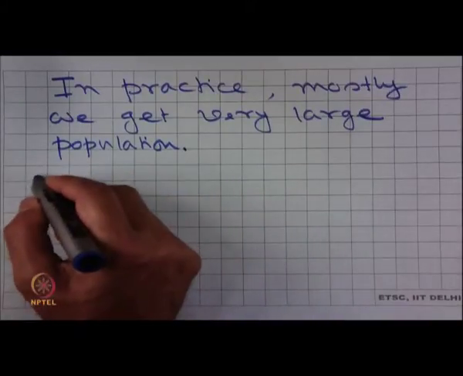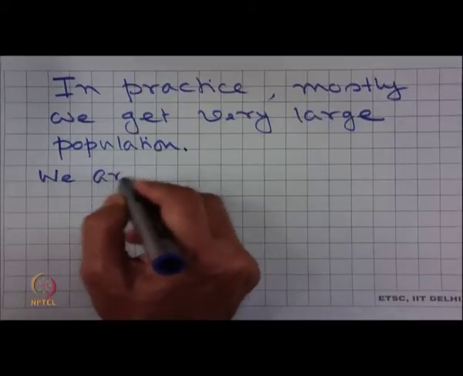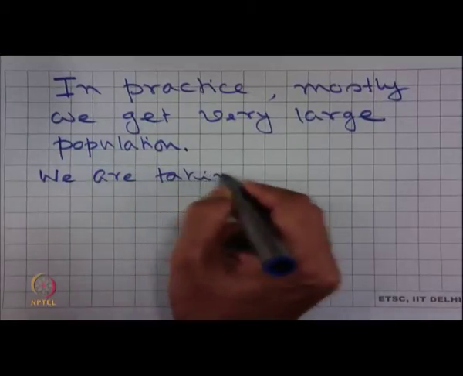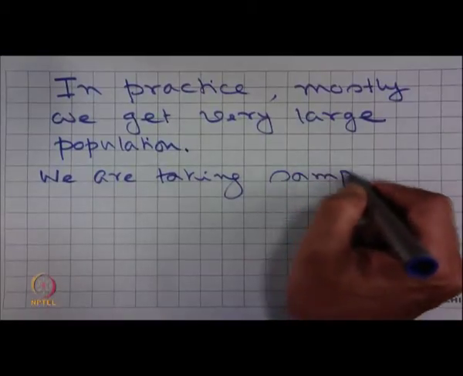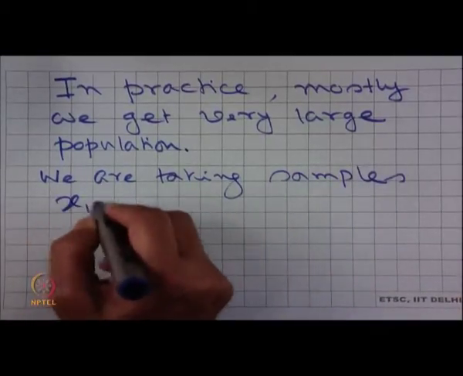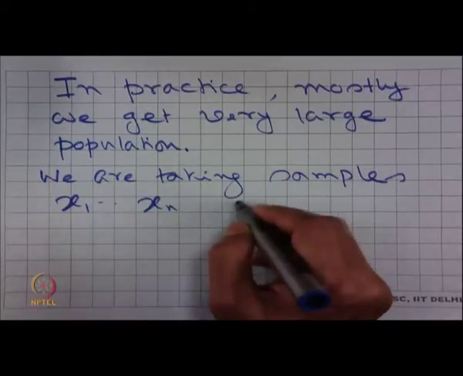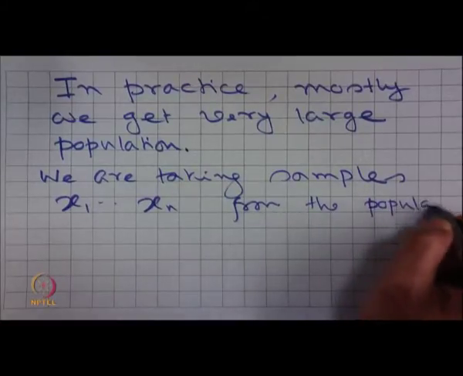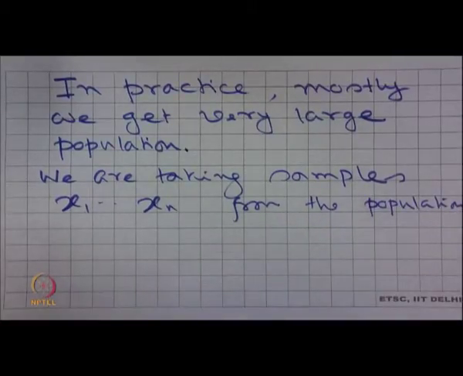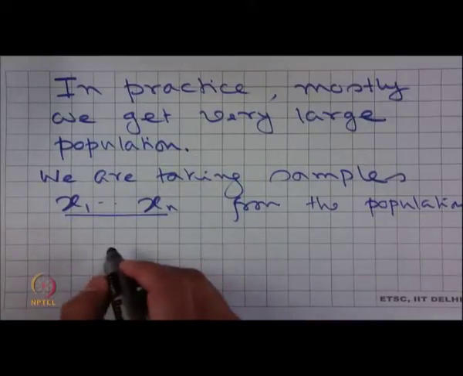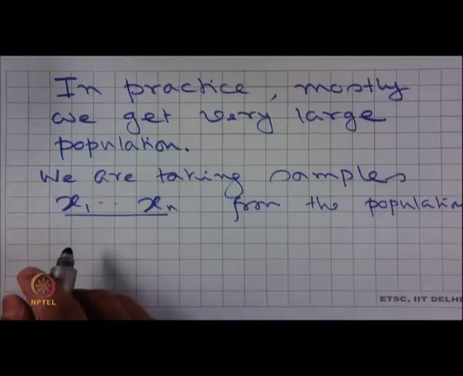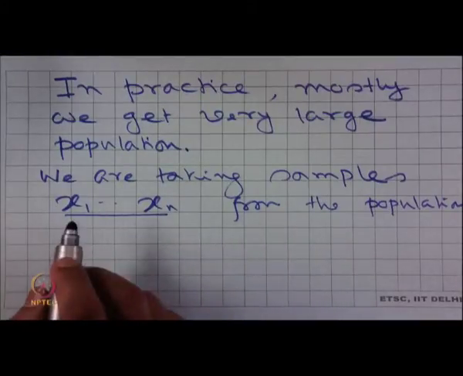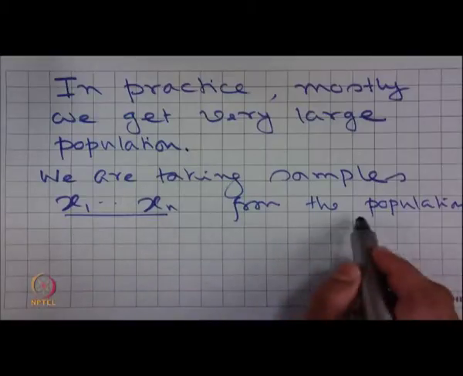We are sampling x 1, x 2, x n from the population. Obviously, if the population is large, we cannot take a very small sample. We have to take a larger sample, otherwise we cannot get a meaningful estimate of the population parameter.